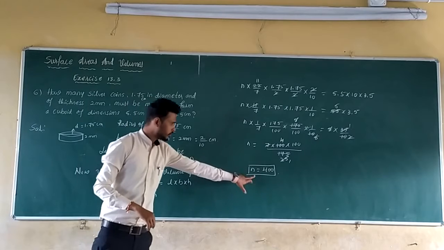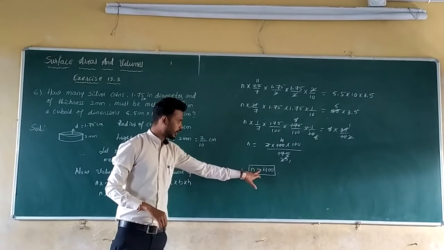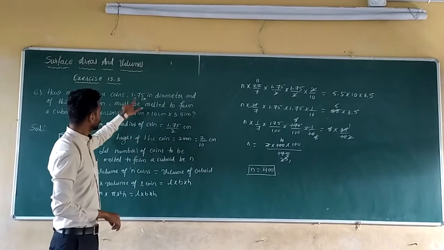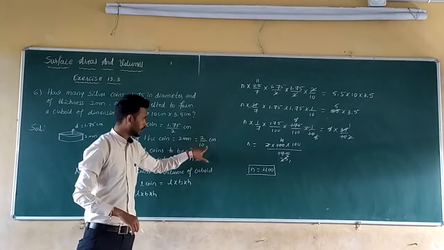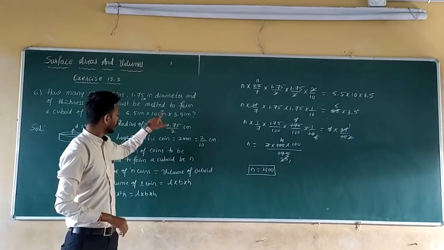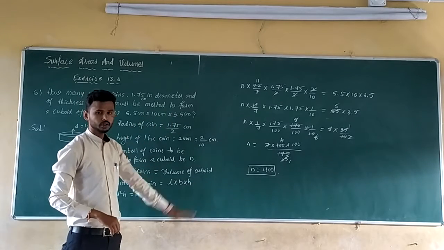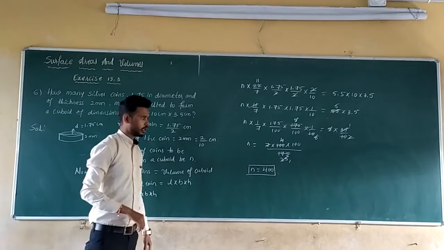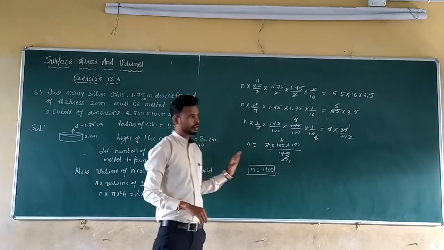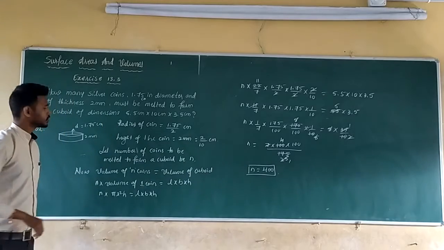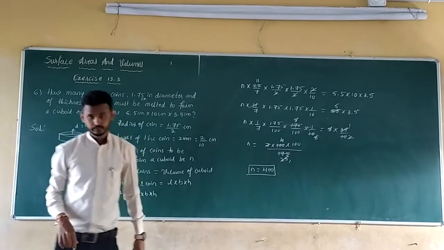That is 400 coins. So if you melt 400 coins of radius 1.75 by 2 and width 2 by 10 centimeter, then you will get the cuboid of dimensions 5.5 into 10 into 3.5. So the number of coins is 400. So this is the solution of the 6th question. You will see the next question.